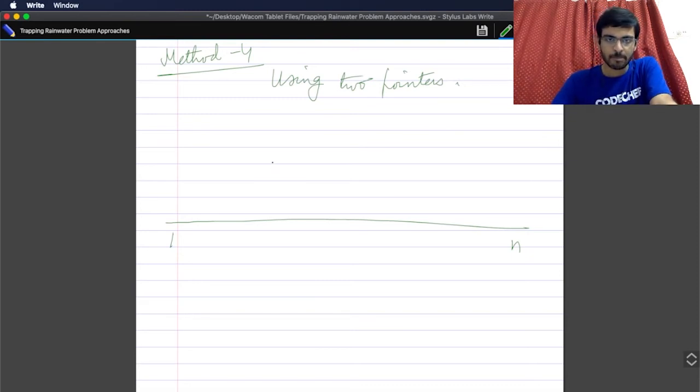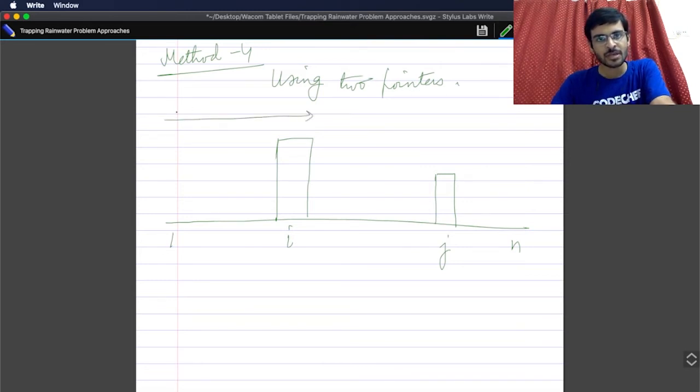Suppose I am at these two indices, like I am over here, this is i and this is j. In some manner, if I come to know that this is the greatest element among the first i elements and the last j elements, observe what I am telling.